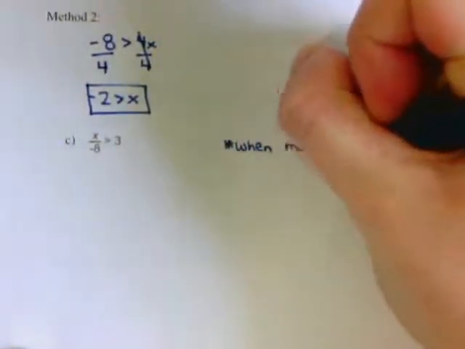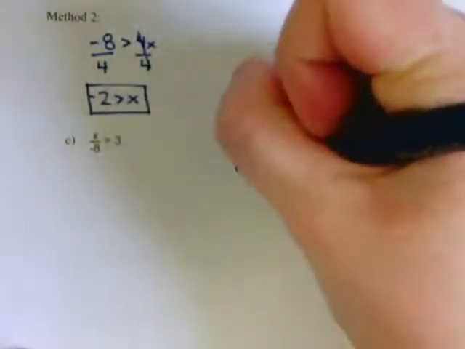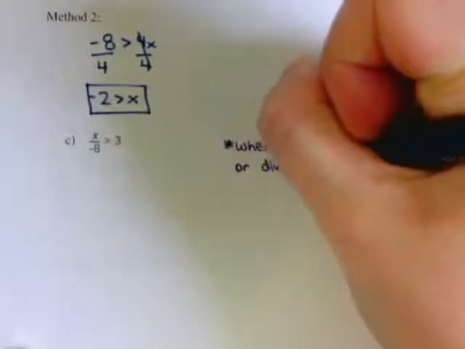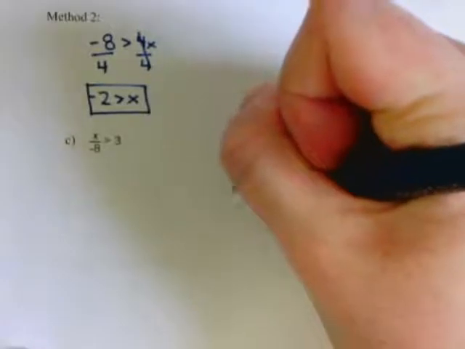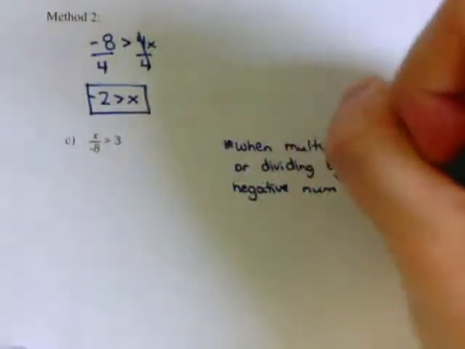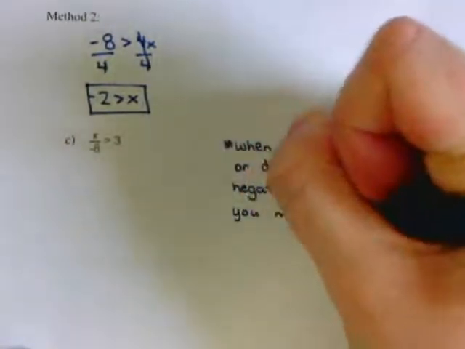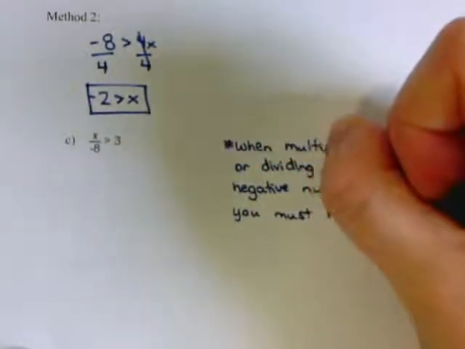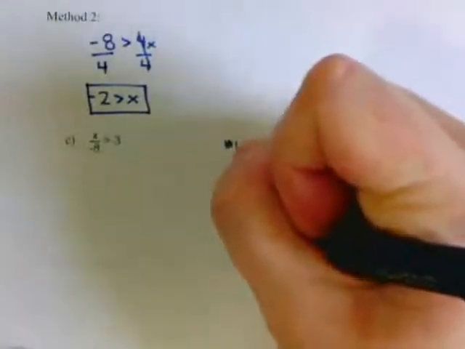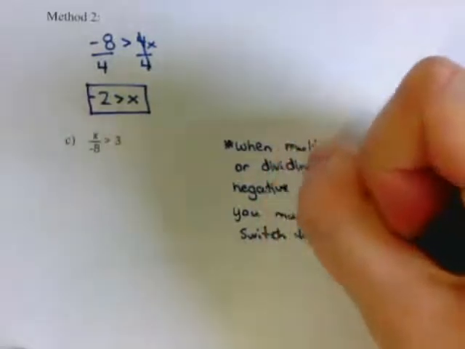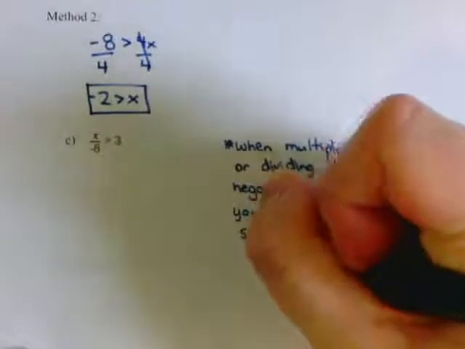When multiplying or dividing by a negative number, you must reverse or switch the inequality symbol.